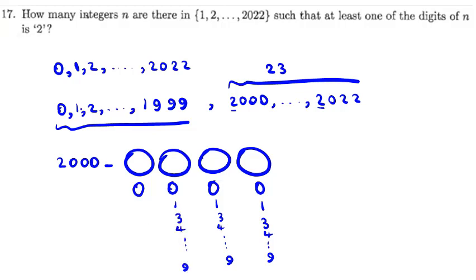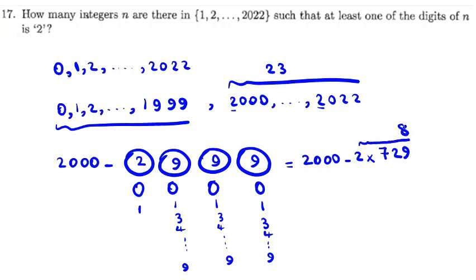Here, because we calculate from 0 to 1999, we have 2 cases for the first digit, and 9 cases for each other digit because we don't have 2, 10 minus 1, 9. So these are all the numbers that don't contain 2. We subtract from 2000, which is from 0 to 1999, so we calculate the numbers here that contain 2. So it will be 2000 minus 2 times 9 cubed, which is 729.